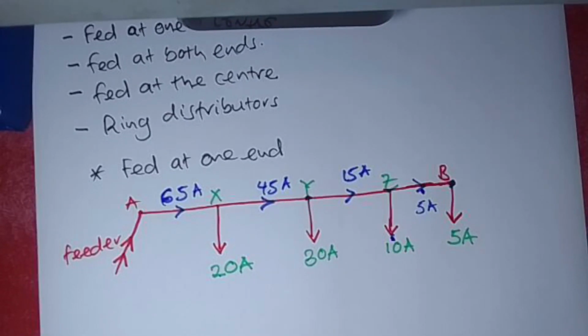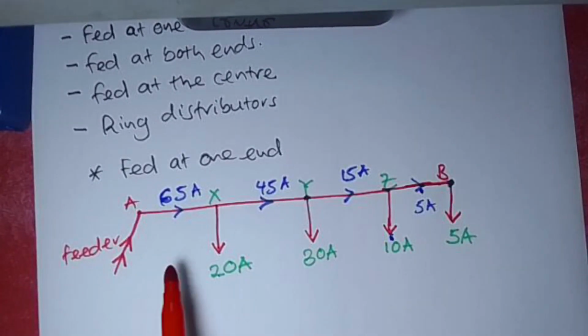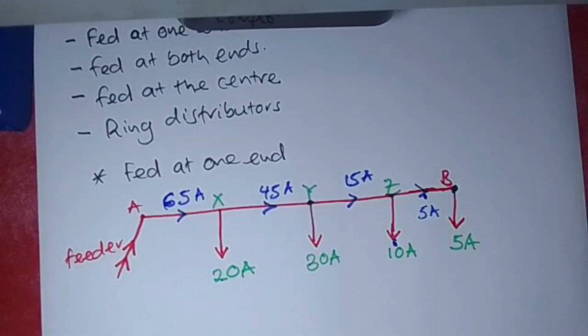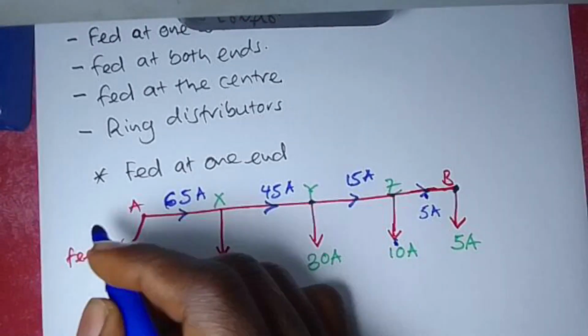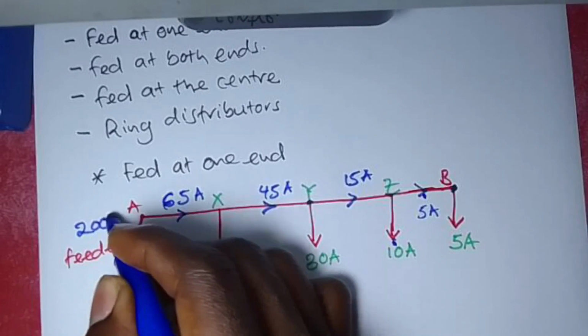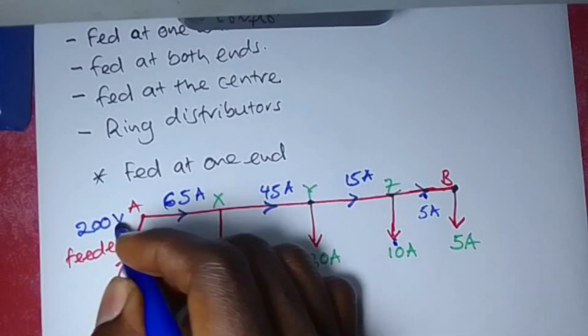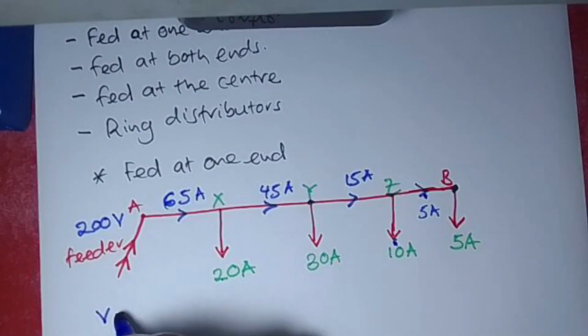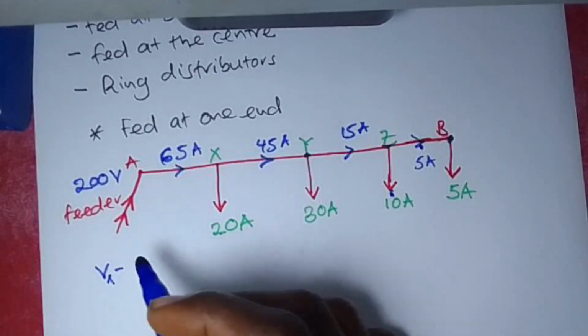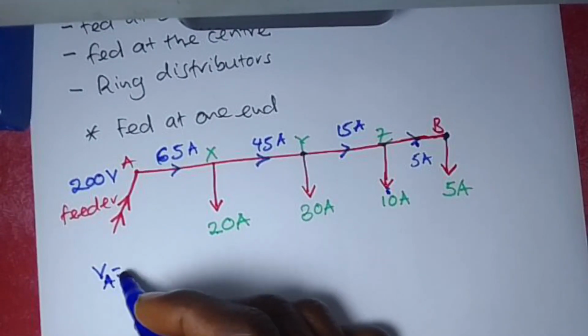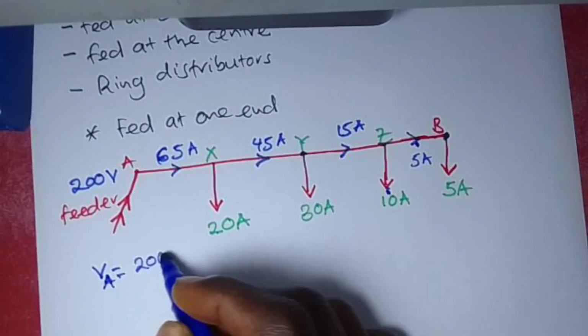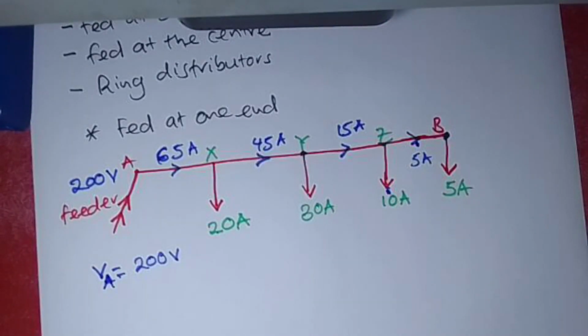Okay, so we are going to assume certain values also, and then we are able to get other values as well. For example, as we had said initially, we are taking our voltage to be around 200 volts at point A. So the voltage at point A, I'm taking it to be equal to 200 volts.